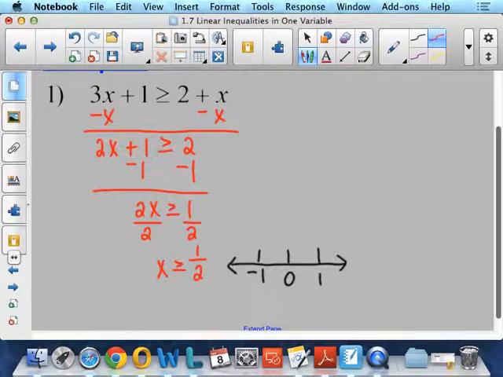So where x is 1/2, closed circle. If x is anything greater than that, we're going to shade to the right, because x is any number bigger than 1/2. Okay, so the solution, x is greater than or equal to 1/2, and then we shade to the right of 1/2 on the number line.